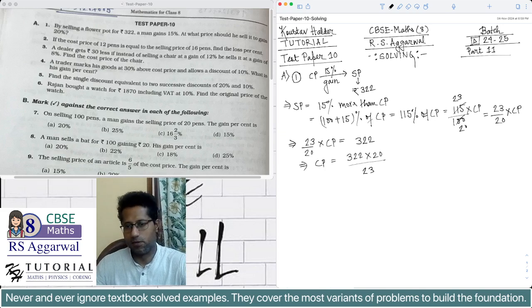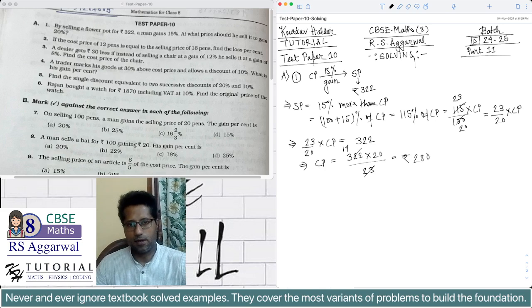So I guess 23 will divide 322. Let's see, 23 into 14 is 322. So this is equal to 14 into 20, that is 280. So cost price is rupees 280.